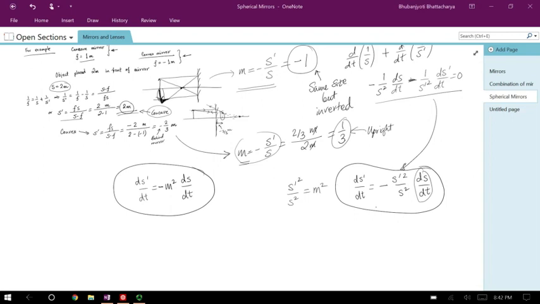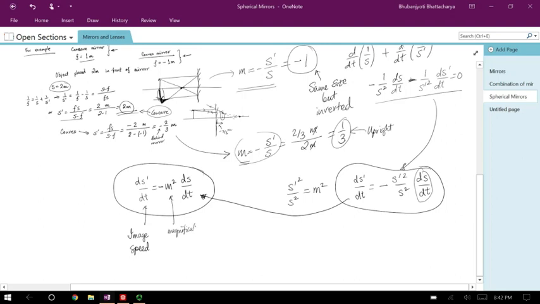So if you use that, we can transform this formula to this formula. This shows us that ds'/dt is equal to negative m² ds/dt, or in other words, the image speed is equal to negative the magnification squared times the object speed.